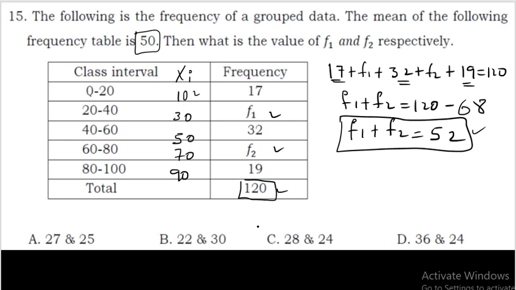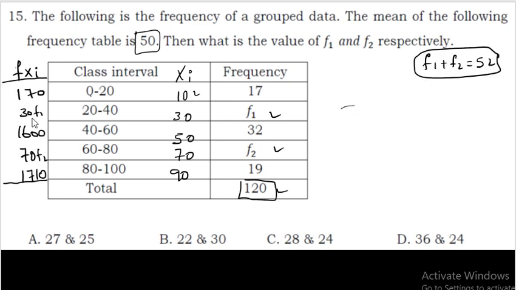Okay, let's do it. Let me rub this part. When you multiply xi with the corresponding frequencies, the first will be 10 times 17, which is 170, and the second one, 30 times F1, will be 30 F1.